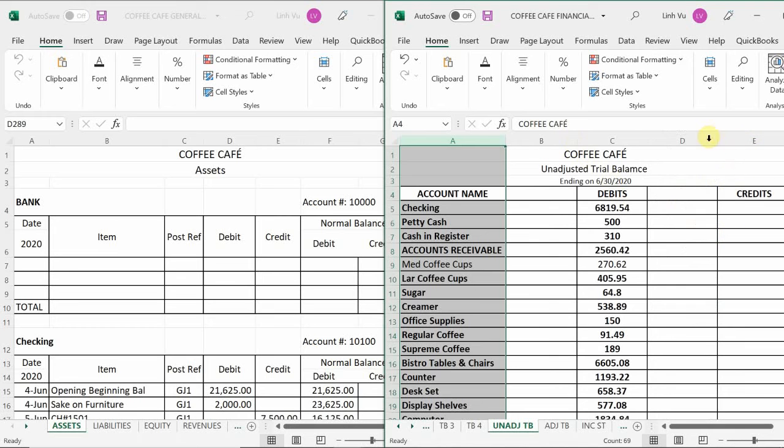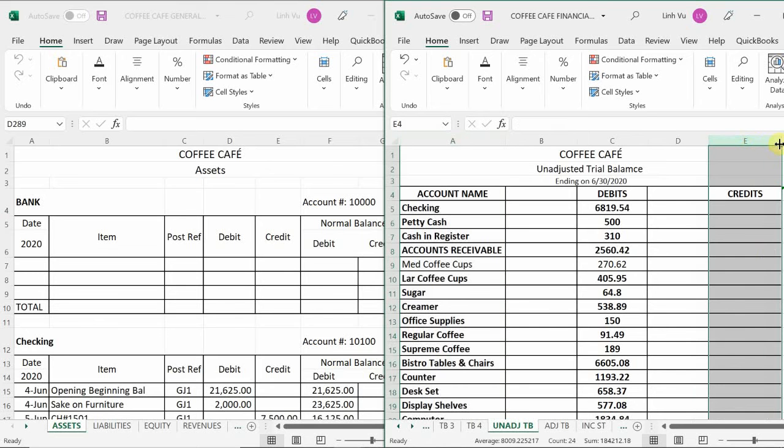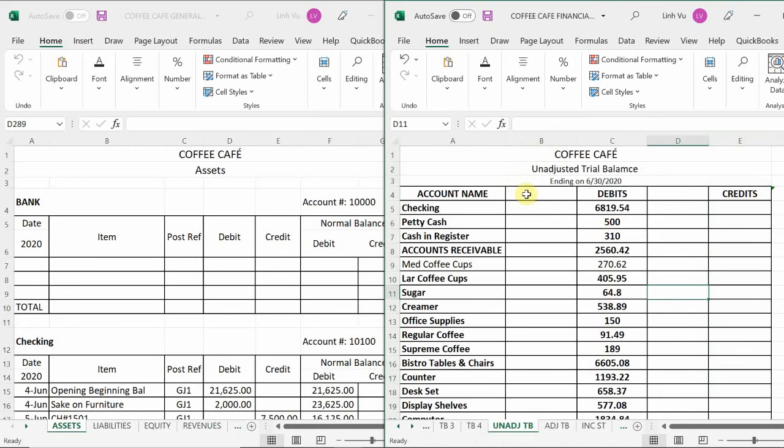Okay, so I have my debits. And what I'm going to do here is I'm also going to have a debit column and a credit column.